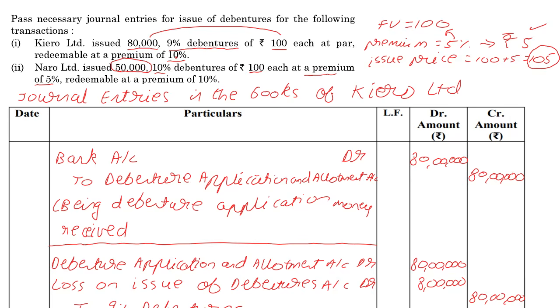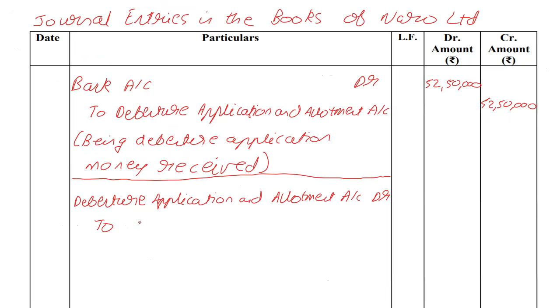So 10% debentures. Remember, last time it was 9% debentures, this time it is 10% debentures. Before we go about crediting 10% debentures, we have to finish all the debit entries.